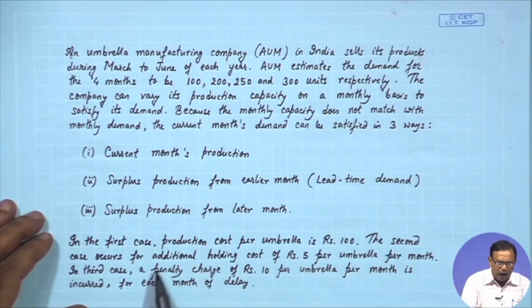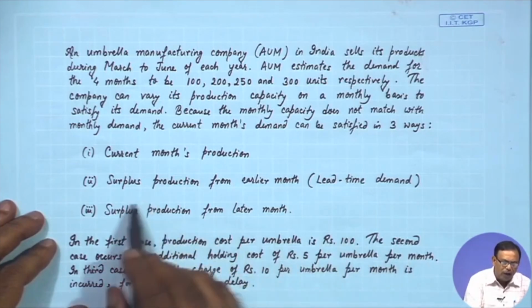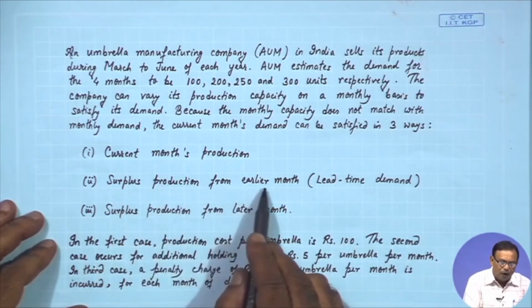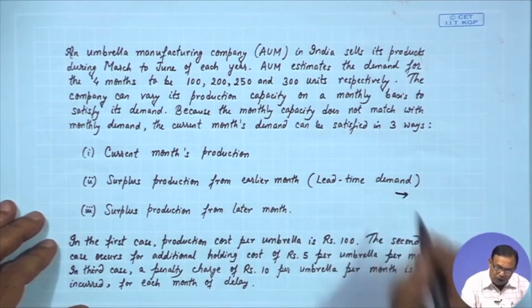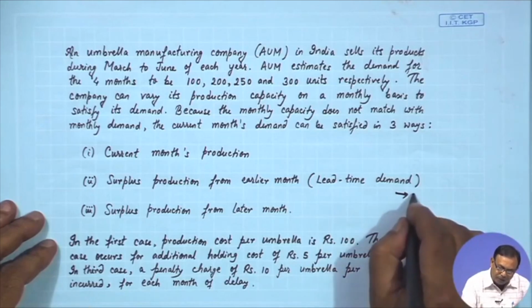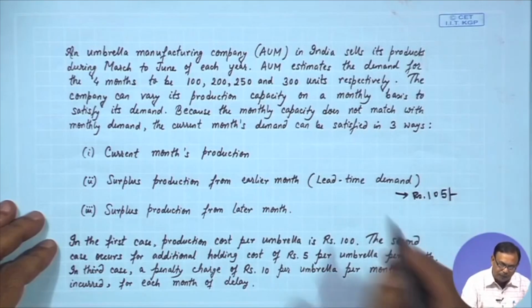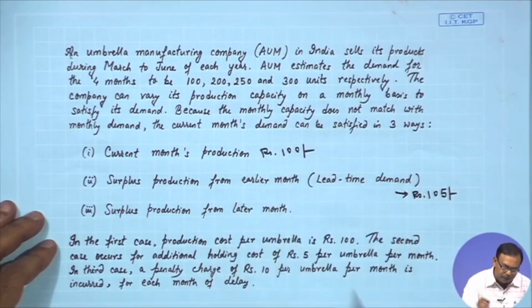So, we are adding an additional holding cost of rupees 5 per umbrella. In other words, whenever you are meeting the demand from surplus production from an earlier month, your production cost will be rupees 105, whereas this was rupees 100.